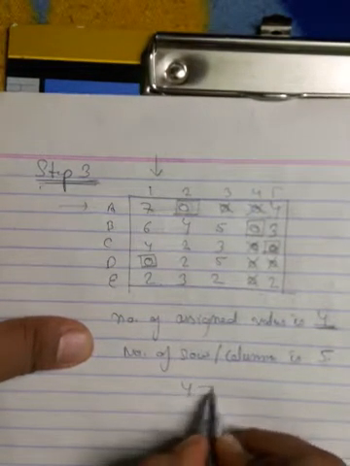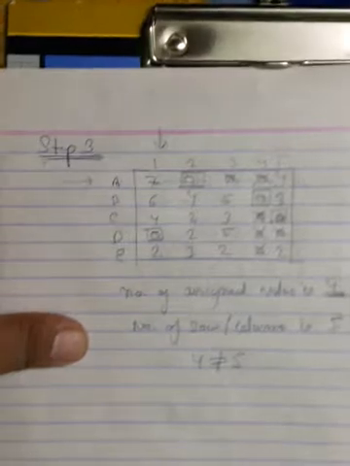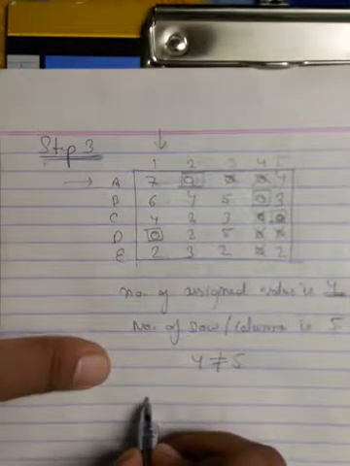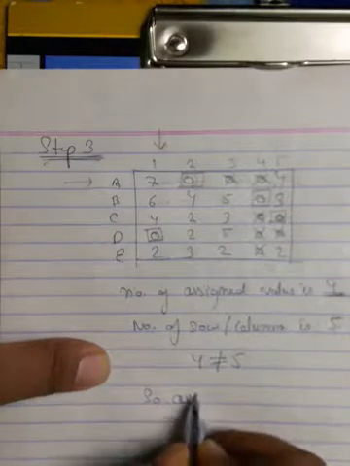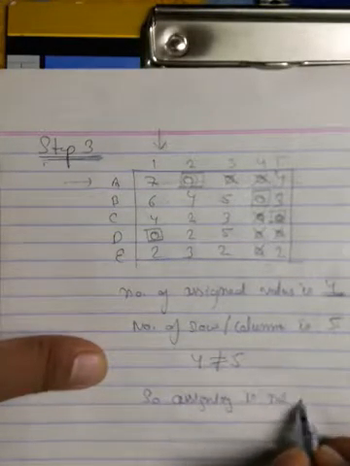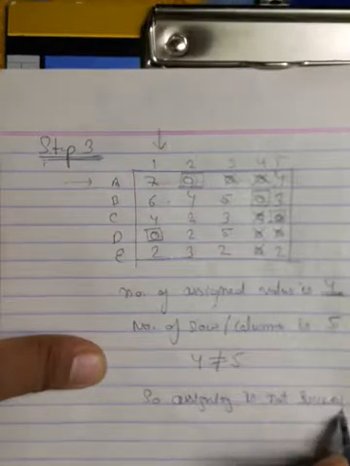Since 4 is not equal to 5, our assigning is not successful. So I have to go for the next step.